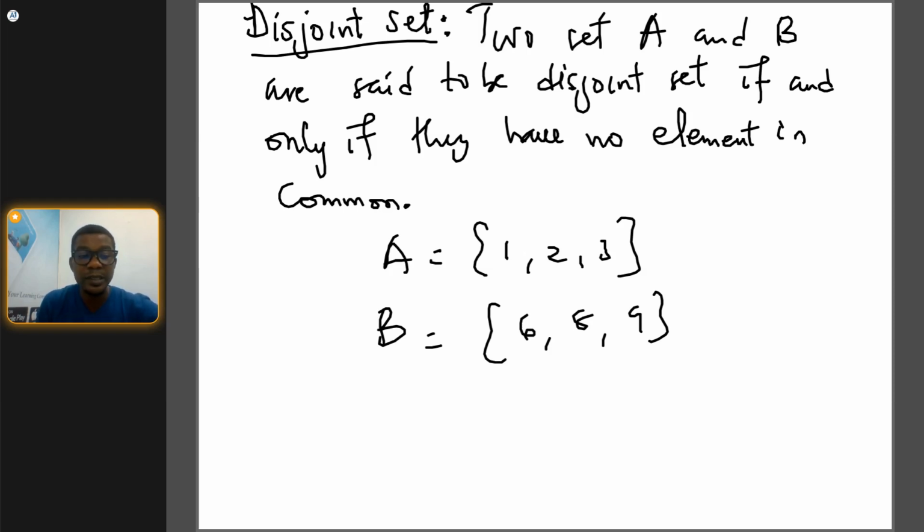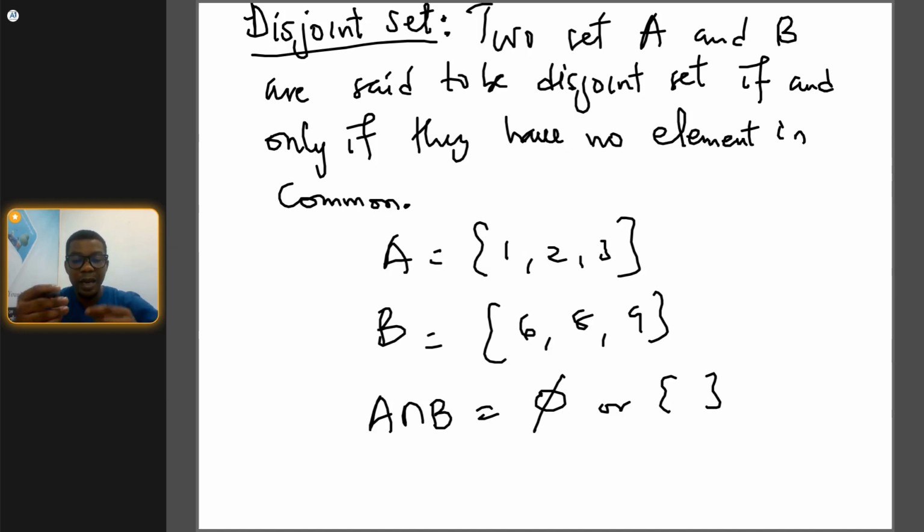We see that all the elements in A cannot be found in B, and all the elements in B cannot be found in A. So A intersection B is going to be an empty set, a set that contains no elements.